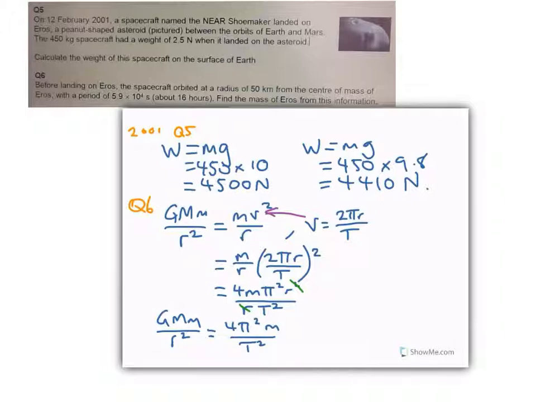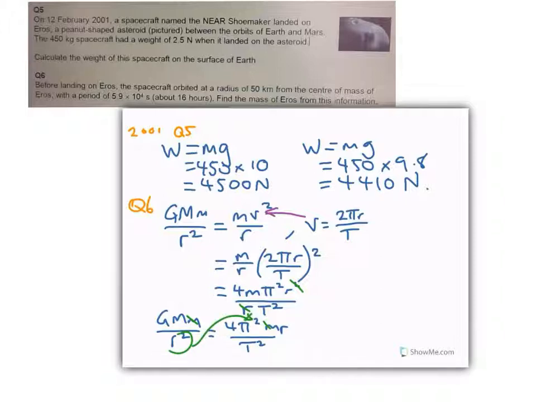Then we can also cancel a few things down from there as well and rearrange stuff. I've left out the r from that equation. So then we can cancel things down, so we've got an m on both sides that we can cancel down. If we multiply both sides by r squared, we basically bring that r squared over to the other side there.